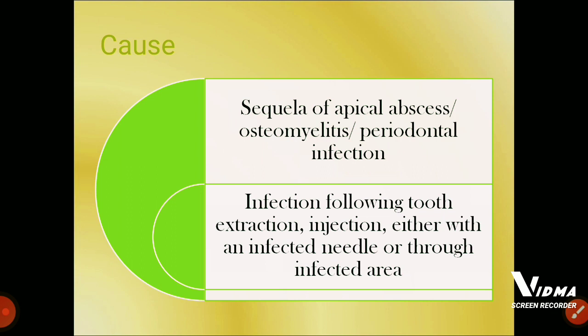Its causes: there are basic causes which are also very much asked in the viva: sequelae of apical abscess, osteomyelitis, periodontal infection, and infection following tooth extraction. This means when we are extracting any tooth and we have not cleared the excess material, and we have not polished the sharpness of the bone, then infection may happen.